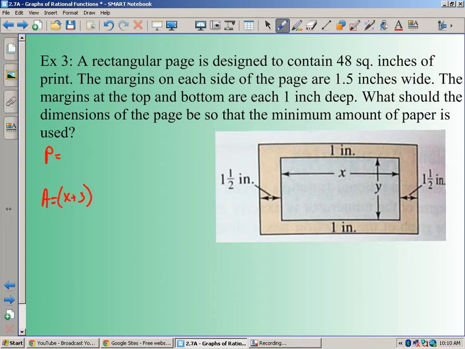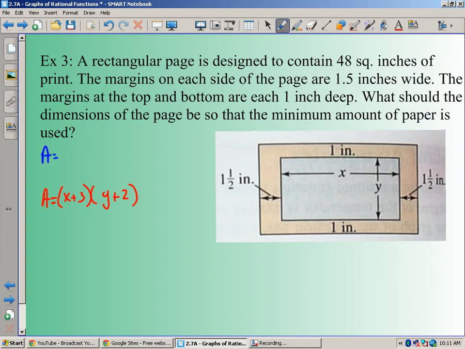So there is my area equation. Then I also know, actually, I'm taking that back, it's not going to be a perimeter, it's going to be another area equation that we're going to use. The other area equation is the area of the print, which is what they told us. I have to pay attention to what I was talking about earlier.